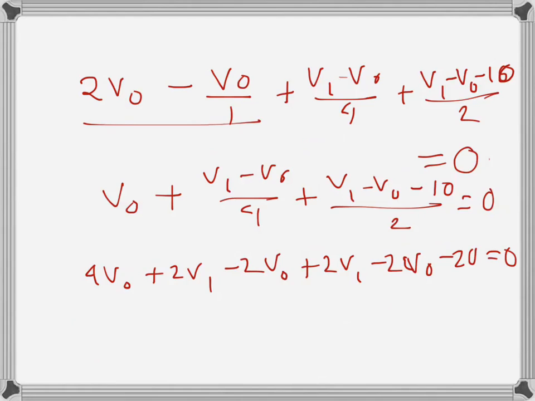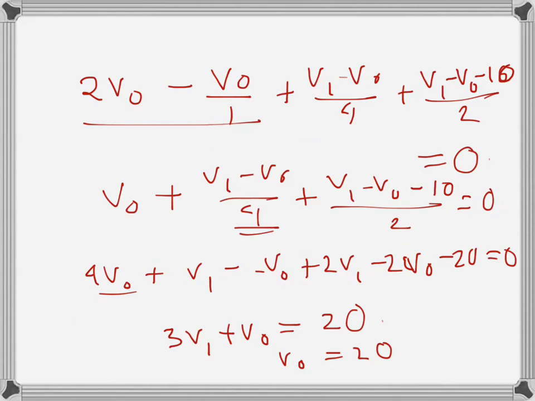Sorry, this one will be just V1 minus V0, because there was already a 4, so when multiplied by 4 it will be just V1 minus V0. So we are getting here 3V1 plus V0 is equal to 20, or V0 is 20 minus 3V1. That is what we are getting as equation 2.